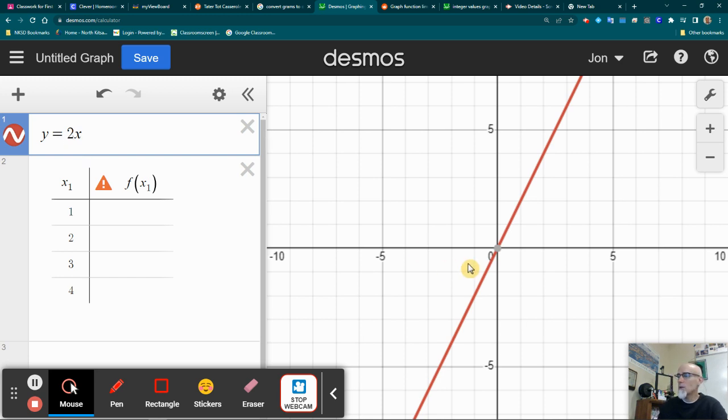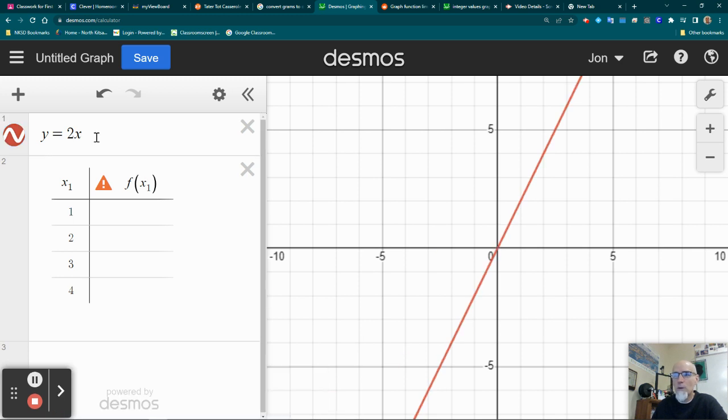But I have a little bit of a weakness here because I was initially claiming that you can have half a pound. So here is 1 pound, 2 pounds, 3 pounds, 4 pounds of beef, and then you can't have anything in between. So I need a way to show just dots instead of this whole line. And plus, you can't have negative amounts of beef. So this is where this math function idea has some weaknesses when applying it to the real world.